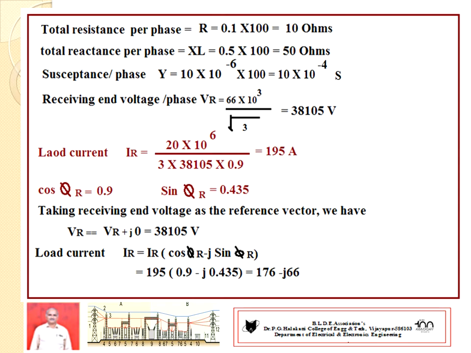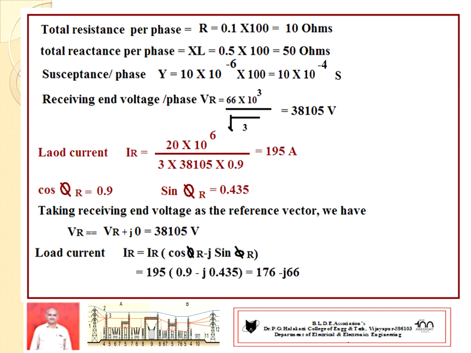So you write down all the data. These are given, the parameters are given, distributed parameters. Length of the transmission line is given. We have to calculate lumped situation. So resistance per phase equal to 0.1, this is per kilometer, into 100 length of the transmission line, we are getting 10 ohms.